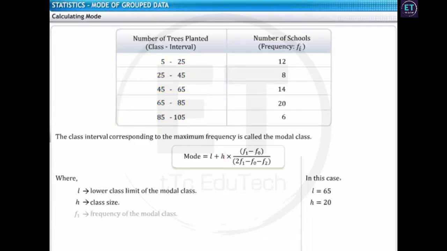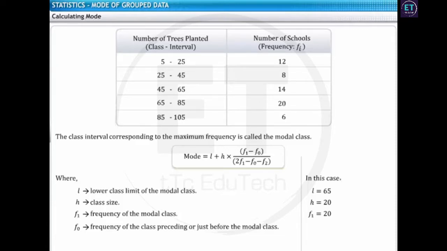Next, in the formula, F1 stands for the frequency of the modal class. In this case, the modal class is 65 to 85 and its frequency F1 is 20. Moving on in the formula for mode, F0 stands for the frequency of the class preceding, or just before, the modal class.